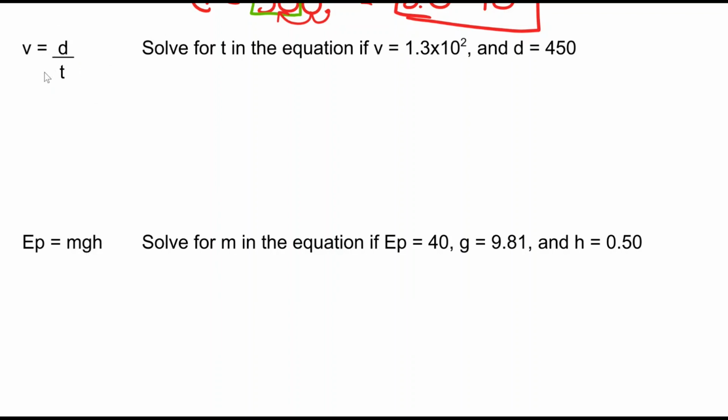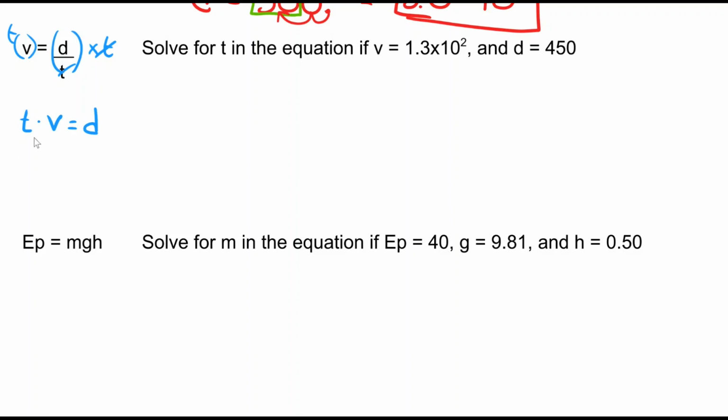If your variable is in the bottom of a fraction, then multiply both sides by that variable. So multiply by t, and then multiply by t. So we're going to get t times v equals, and the t's cancel, and we get d.